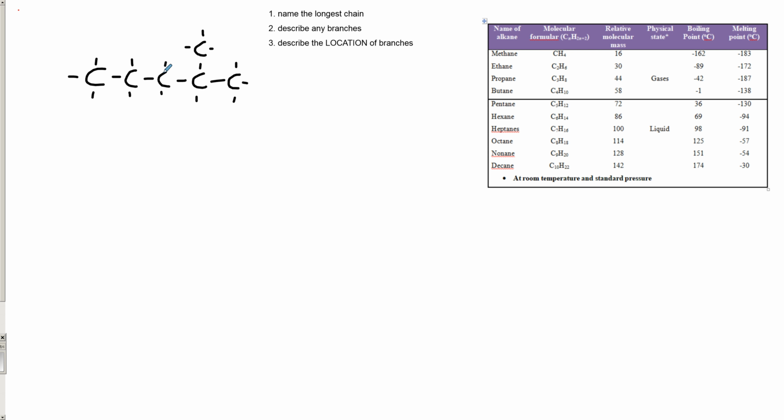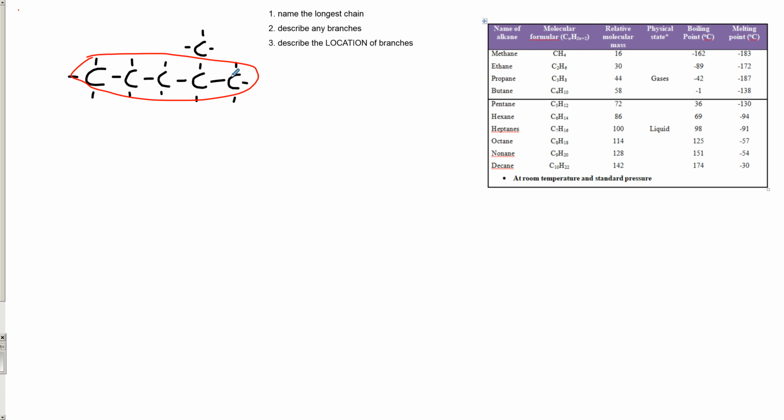But that said, this one has 2 possibilities for the longest chain. We could either go like this, because that's 1, 2, 3, 4, 5, or we go like this, because that's 1, 2, 3, 4, 5. I'm just going to do this straight across for the sake of argument. Now we look at the number of carbons in the main chain, and it is 1, 2, 3, 4, 5.